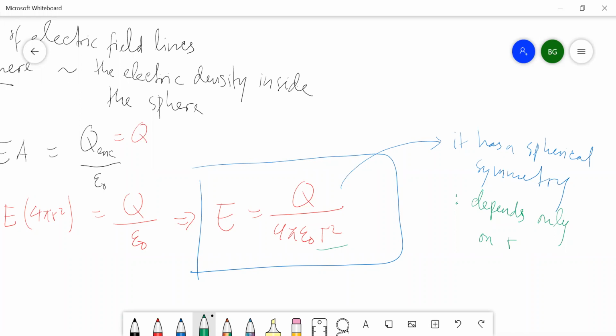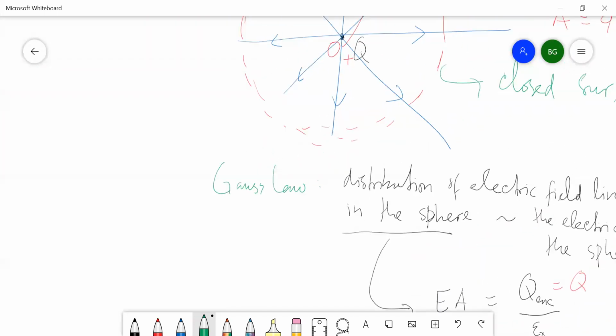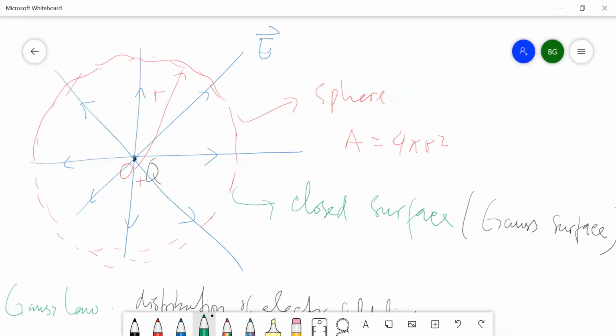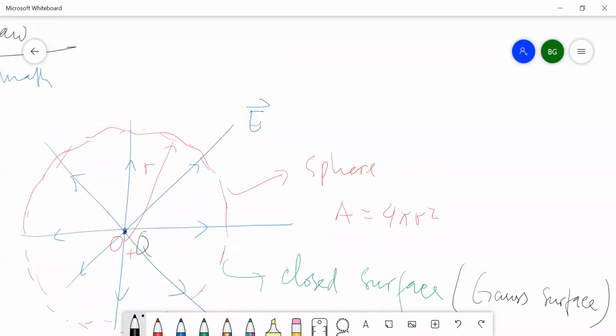It depends only on R. And this closed surface represents, as we will discuss later, an equipotential surface.